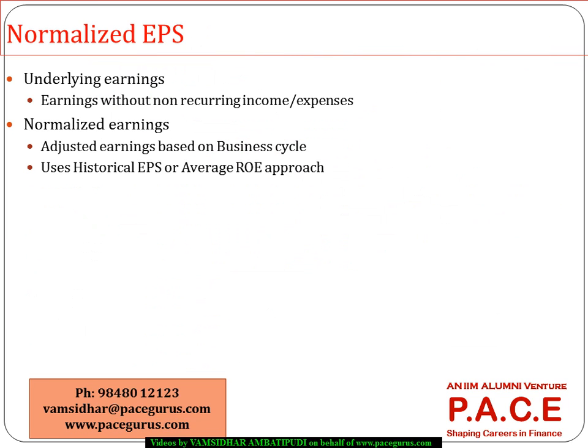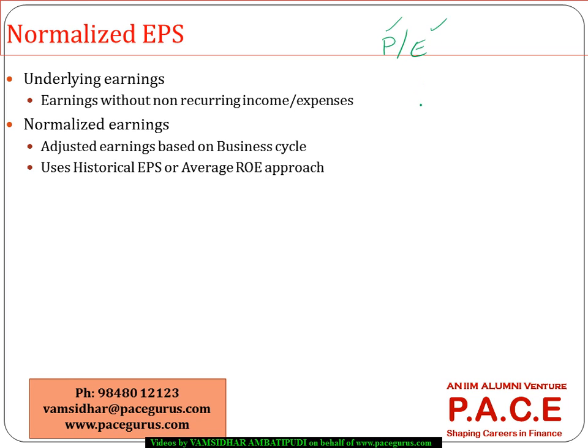Now, the most important aspect here in the computation of these multiples, especially the P by E multiple, is a very interesting aspect. Yes, I take the price, I take the earnings.